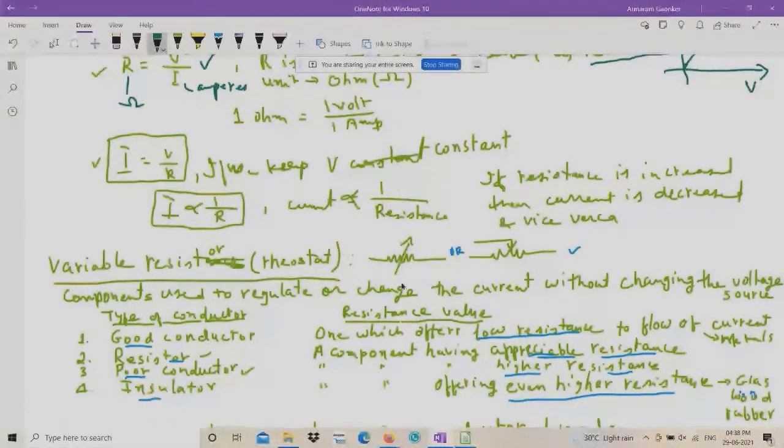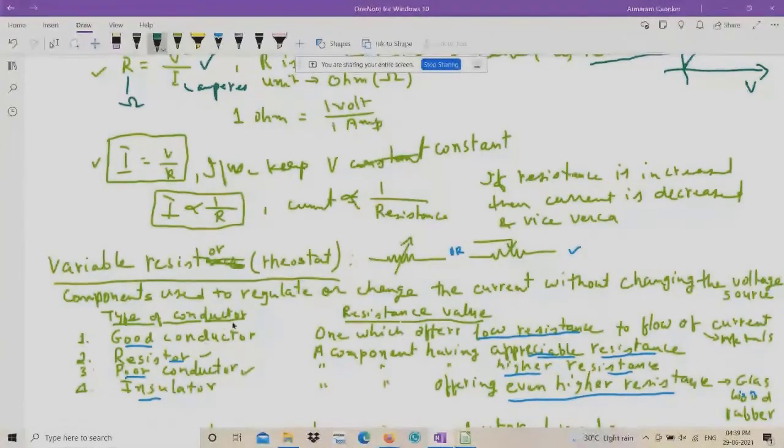The component used to regulate or change the current without changing the voltage source is called a variable resistor. What happens, you see I is inversely proportional to R. So if you change R, your current will change. So the variable resistor or rheostat is there just to change the current without changing the voltage.